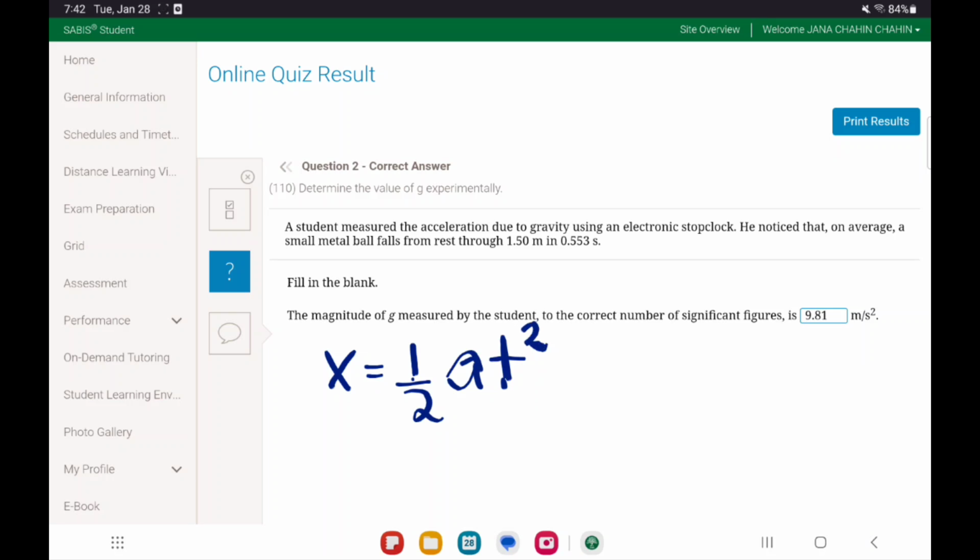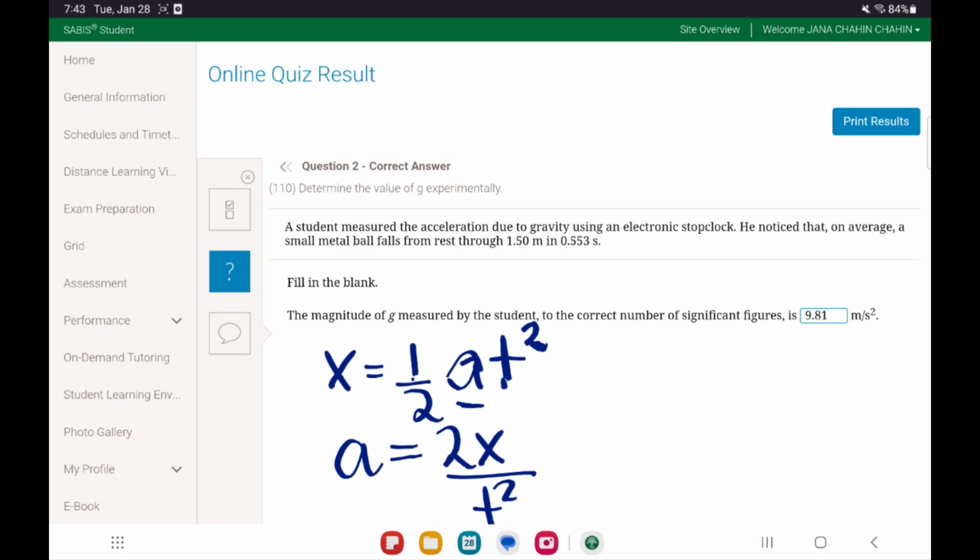So let's twist it around a bit to get a alone on one side. If you don't know how to flip it around, just memorize this equation. a equals 2x over t squared.